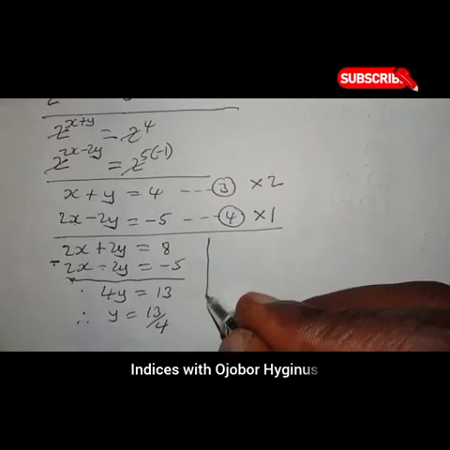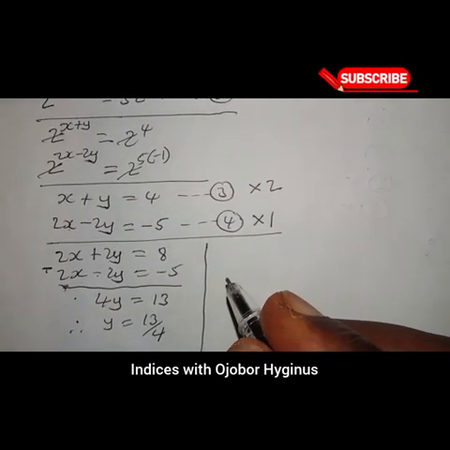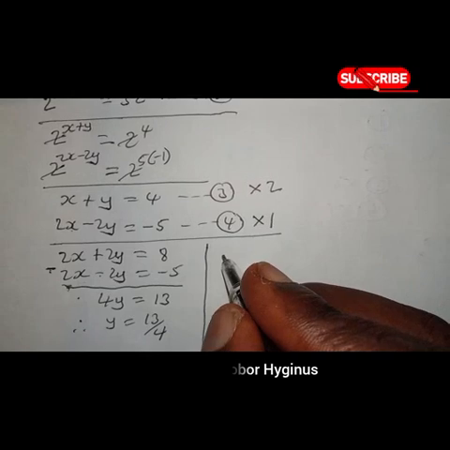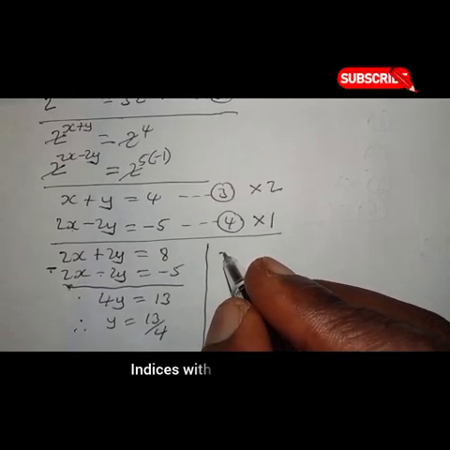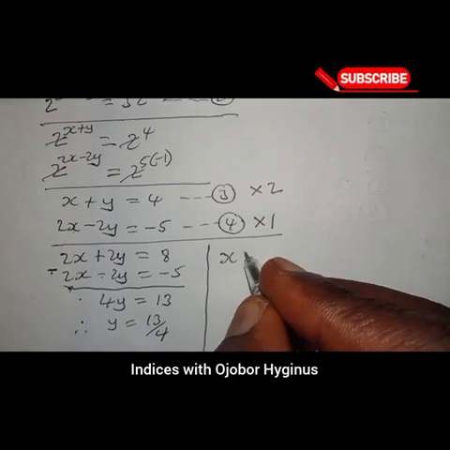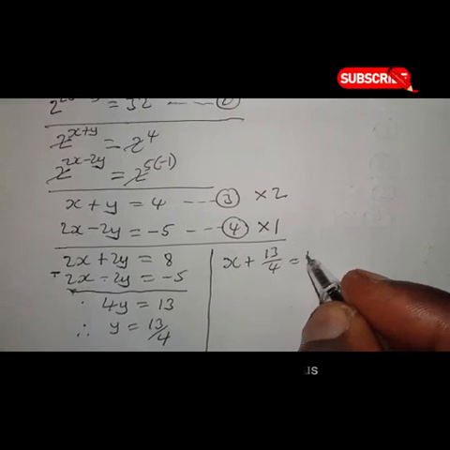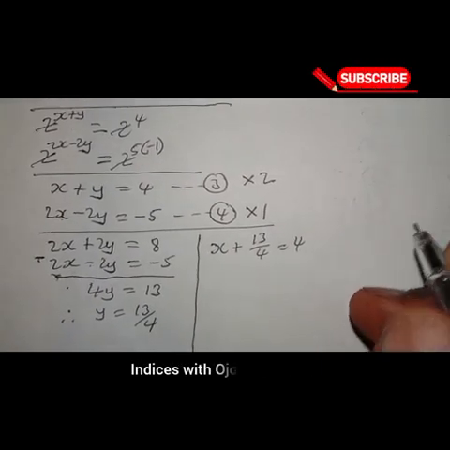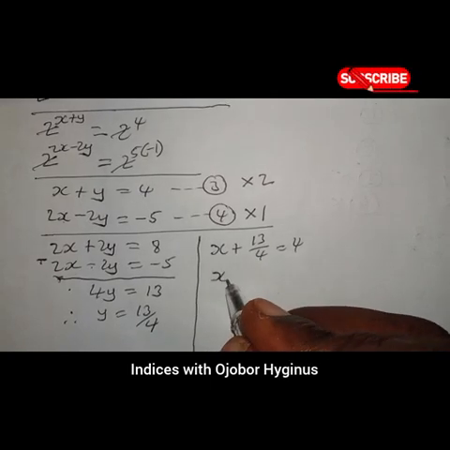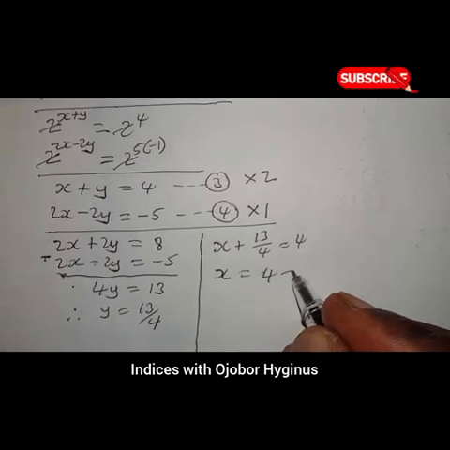Then when you substitute y in any of the two equations to get x, we can substitute y in x plus y equals 4. So that we'll have x plus, instead of y, we'll write 13 over 4 equals 4. If that is the case, we say x is equal to 4 minus 13 over 4.